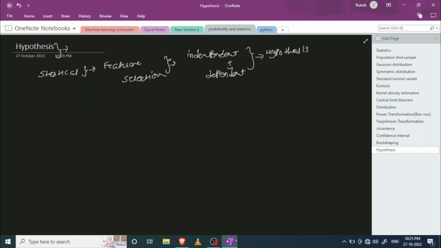Okay, so now the question is, is the feature selection part in data science much more important than any other concept? Then I must say that yes, because in a machine learning problem, when we are working with it, we might have many columns, right?